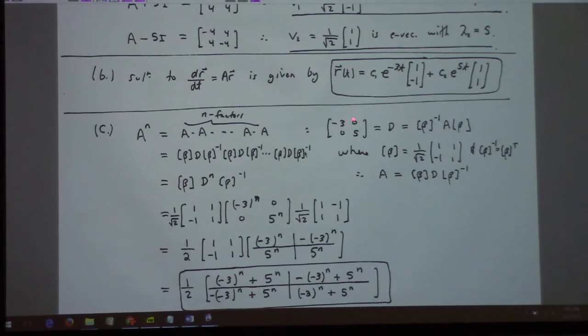It's just, exponentiate the diagonals. So you get that. And then because beta I made orthonormal, the inverse is the transpose. I don't even have to think about it. So I just take the P matrix, and here's your basis matrix and its transpose. And then I just multiply it out, and there you go. That's the nth power.